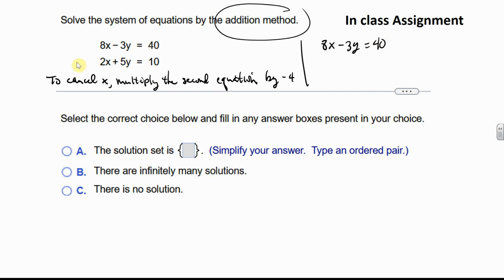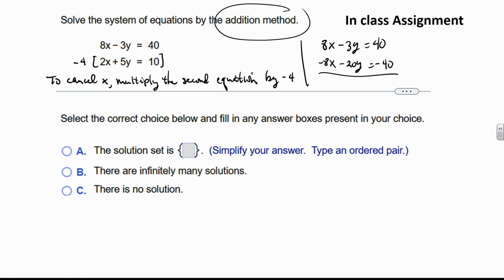And then we're going to say here negative 4 times this equation, and that'll be negative 8x, and then that's minus 20y is equal to minus 40. Okay? All right. So let's make sure we check our math. So negative 4 times 2x is negative 8x. Negative 4 times positive 5y is negative 20y. And negative 4 times positive 10 is negative 40.